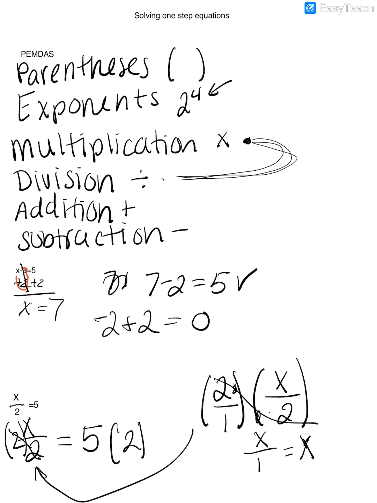Okay? So we multiply this together, so now we're left with just x on one side, and 2 times 5 is 10.